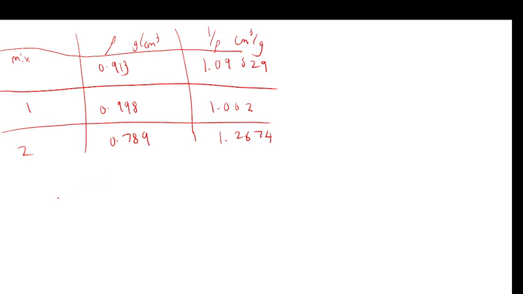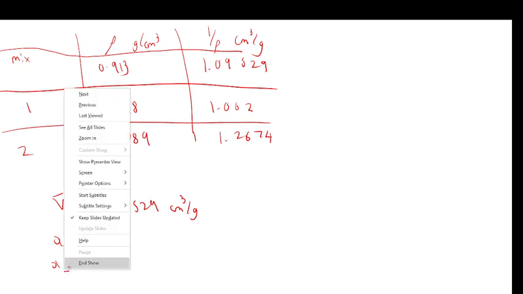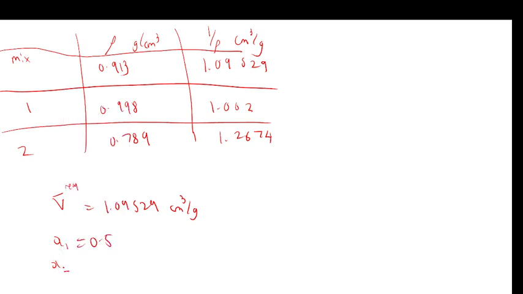Now we can take it from here. We have the specific volume now, right, in the real case to be the 1.09529 cm cube per gram. If I'm going to keep it in the specific form, that's when I'll now need to work with my mass fractions. So the mass fraction is 0.5 for both of them, because it's supposed to be an equal mass mixture, right?